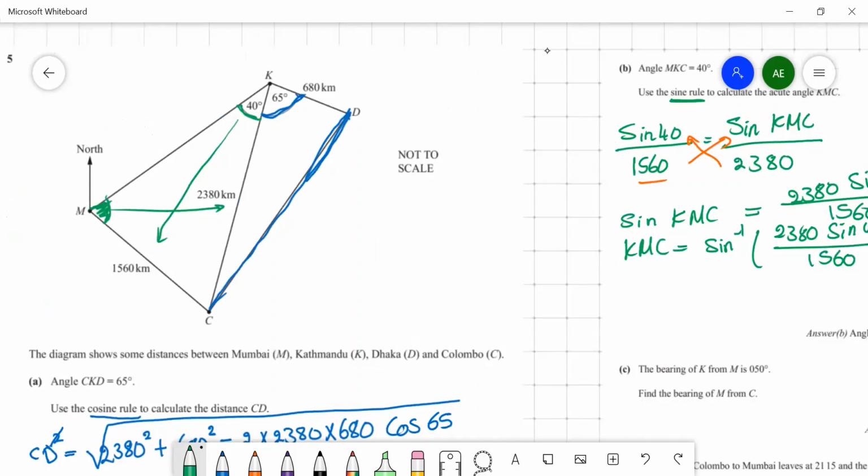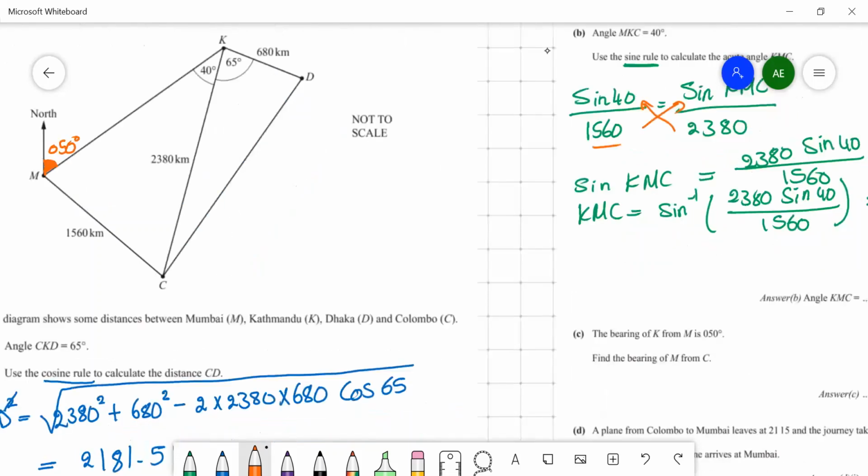Okay, let me erase all this to make clear what we are going to write. Here, the bearing of this angle here is 50.